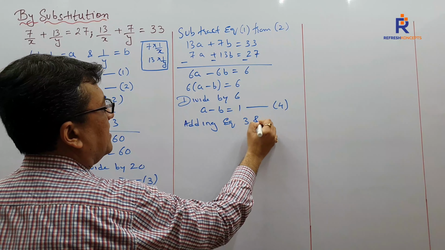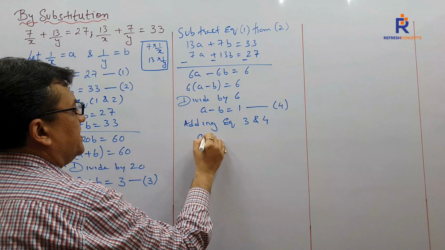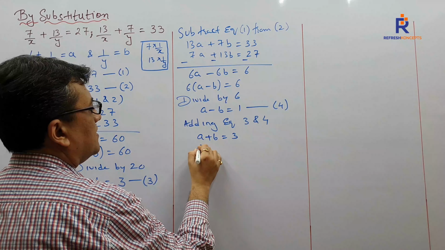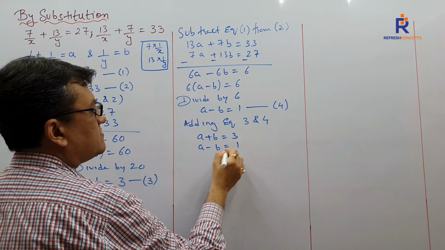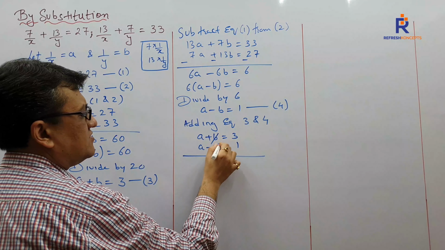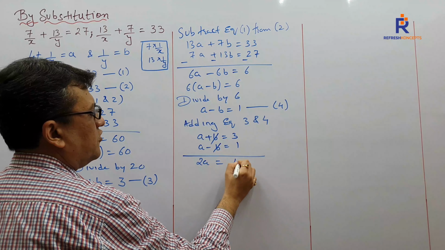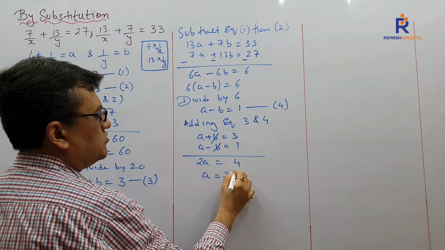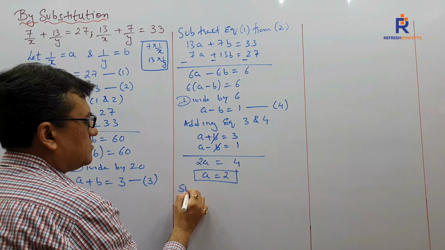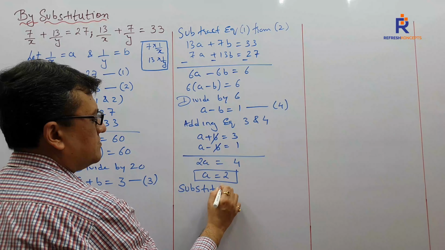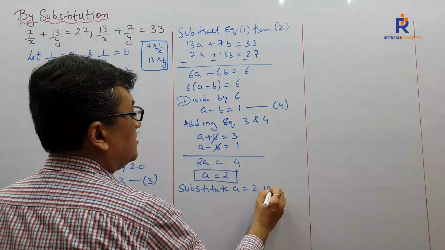Equations 3 and 4. So it is a plus b is 3, a minus b is 1. When I add it, b gets cancelled off. 2a is 4, a equals 2. Substitute a equals 2 in.